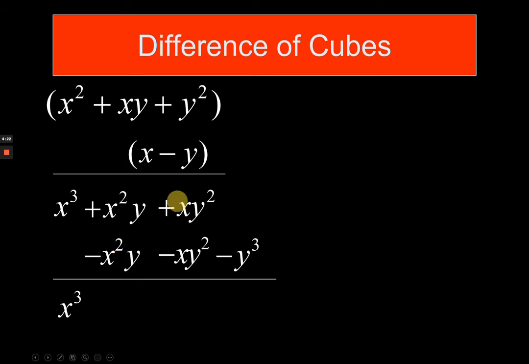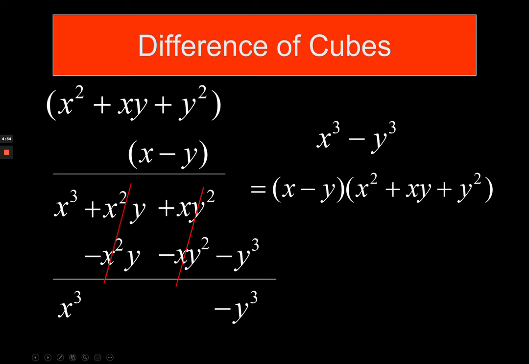Again, if you notice, both of the two pairs cancel out, and you only have negative y cubed. x cubed minus y cubed, and this is your difference of two cubes. Therefore, if we multiply this and the result is a difference of two cubes, if we do it backwards, the factor of x cubed minus y cubed is this polynomial. And this is the case of difference of two cubes.